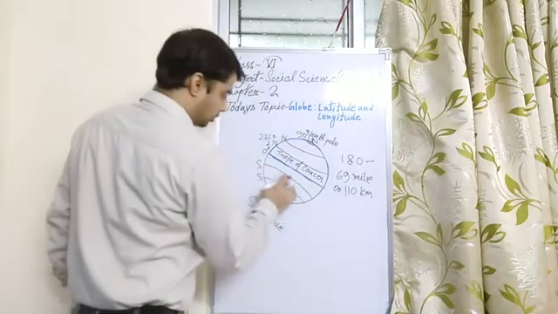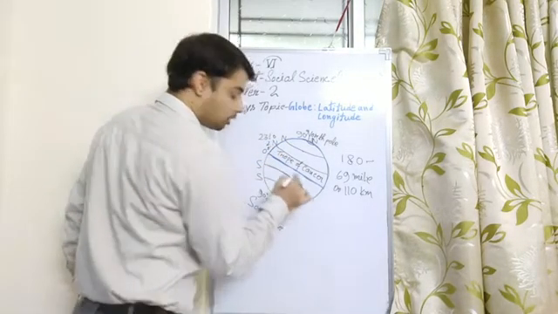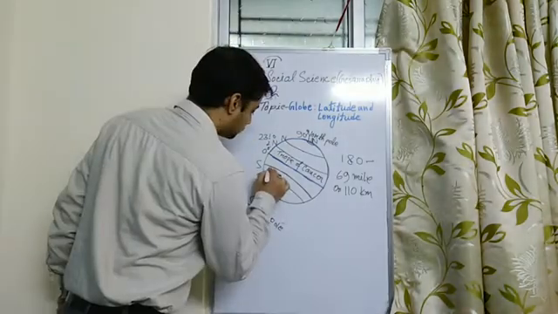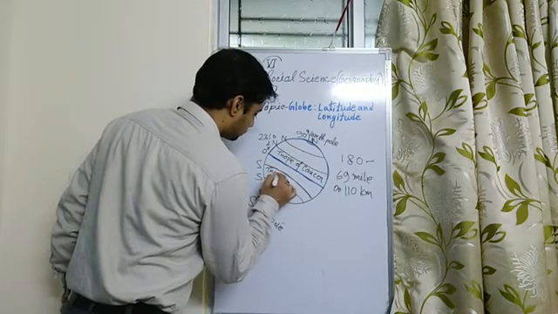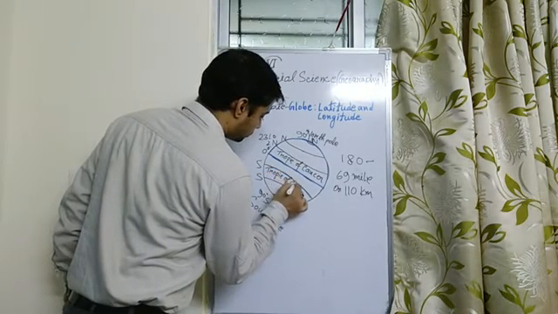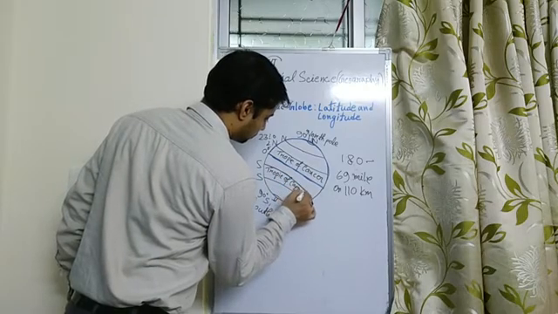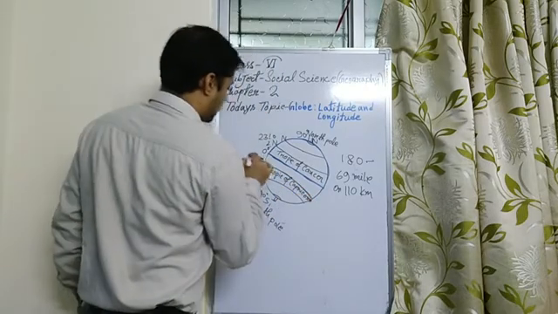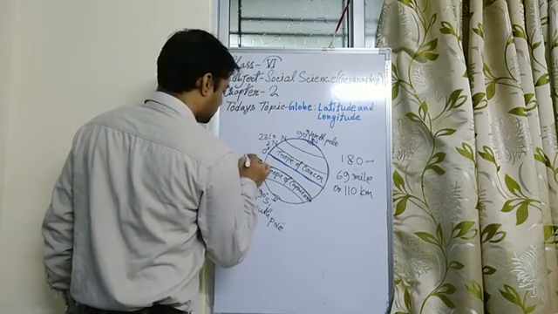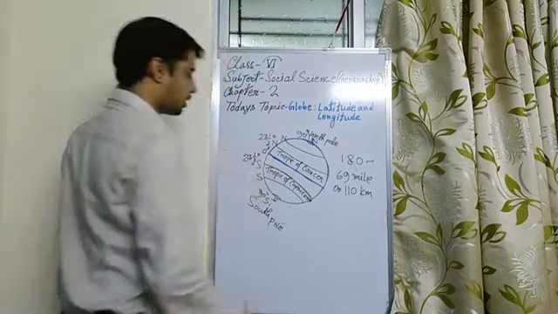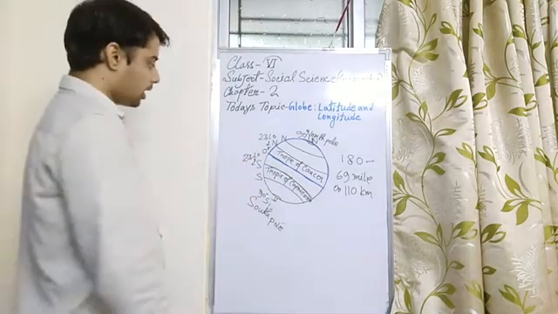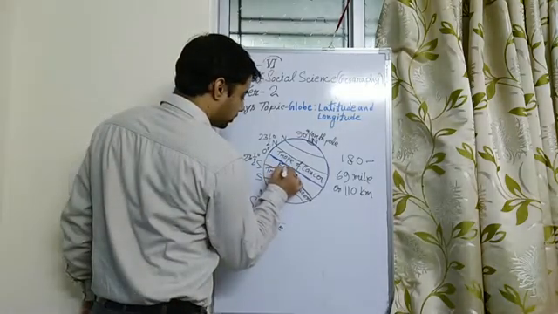Next is the Tropic of Capricorn, and it is 23.5 degree south. Next one is the equator, which you already know.